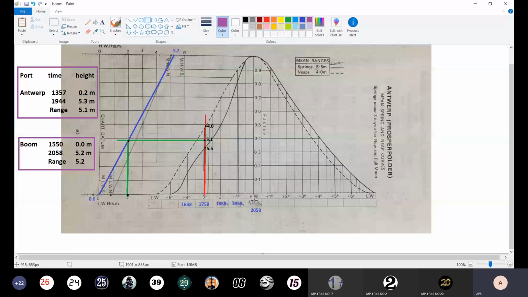Then 1 hour you subtract: 1958, 1858, 1758. So 1758, 1800 is almost close. So take that point and draw a vertical line, that red line. Draw that vertical line at 1800.